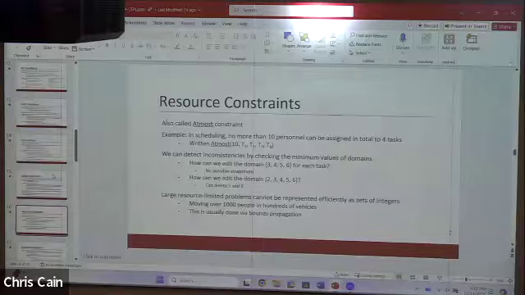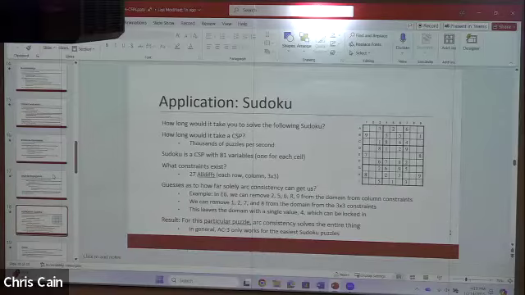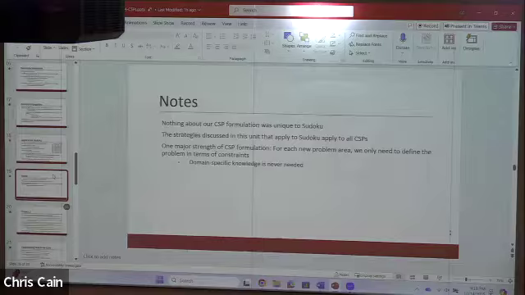Then we talked about bounds propagation. How does a potential assignment to one variable affect the other variables? We talked about an application to Sudoku. We talked about the fact that nothing about the constraint problem formulation was unique to the domain.